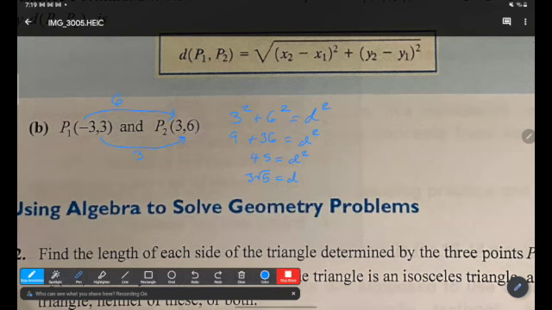Now what we can do is if we look at the actual formula. The distance formula says, okay, what is the square root of x2 minus x1 squared plus y2 minus y1 squared?